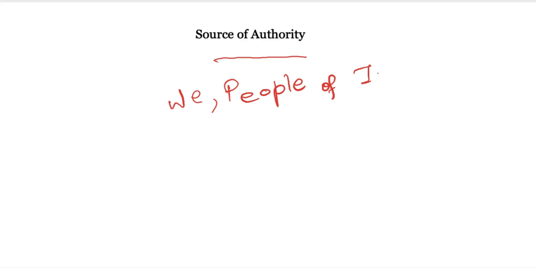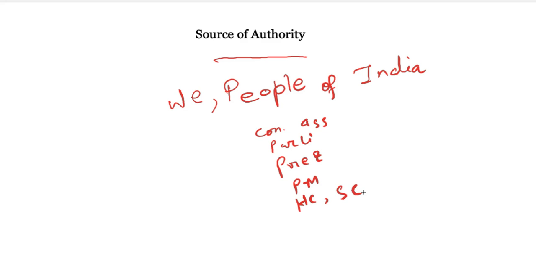First is the source of authority. The source of authority is the people of India. We, the people of India. Now you see that the source of authority is not the Constituent Assembly, not the Parliament, not the President, not the Prime Minister, High Court, or Supreme Court.